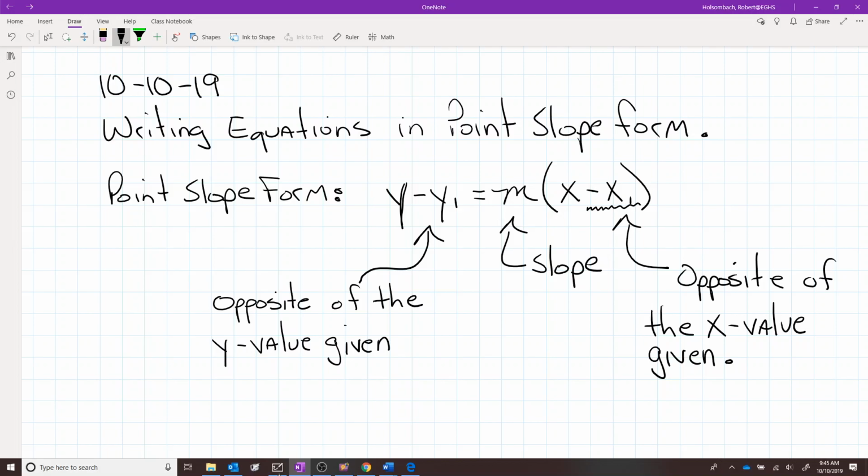The only things you have to insert in here are a y value that's given, a slope that's given, and an x value that's given. Alright, but that's the form of a line in point-slope form.